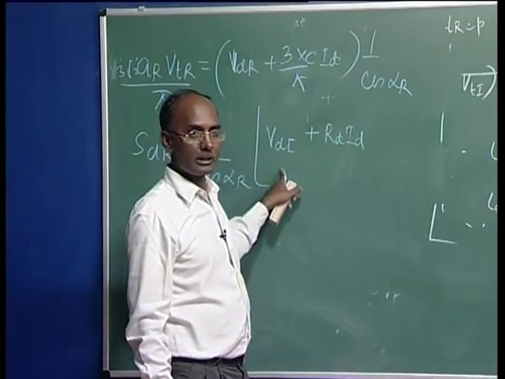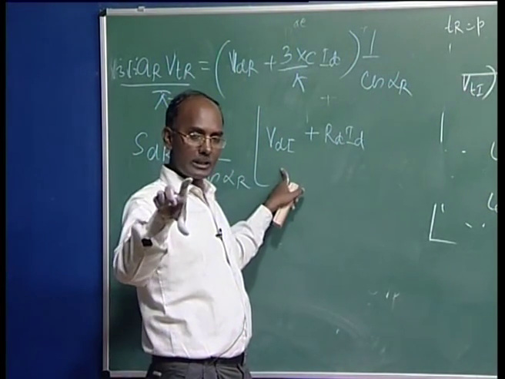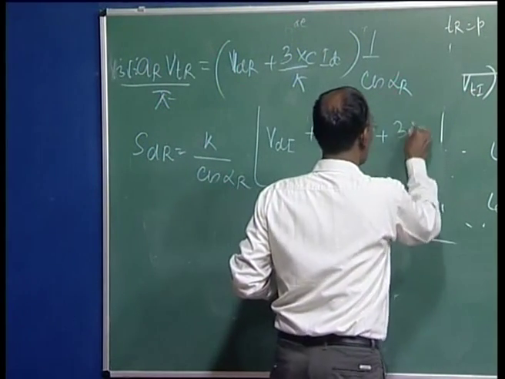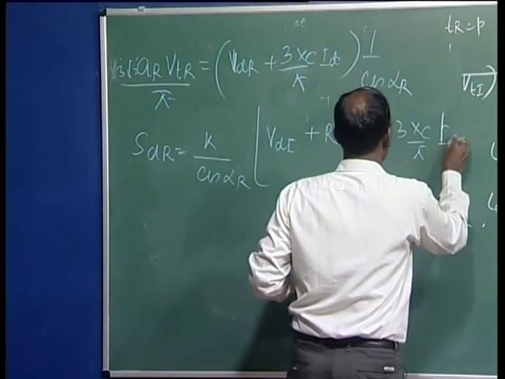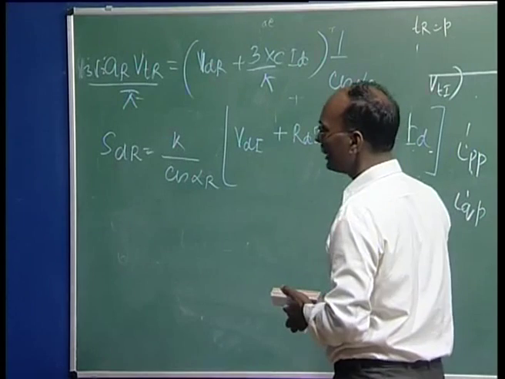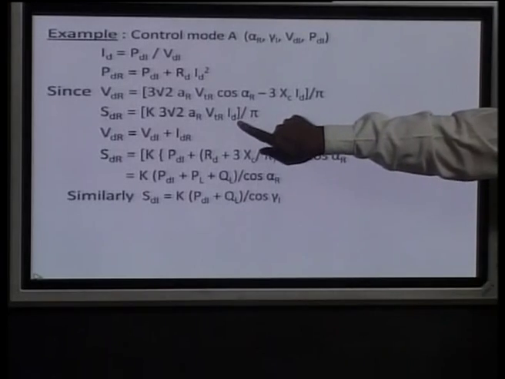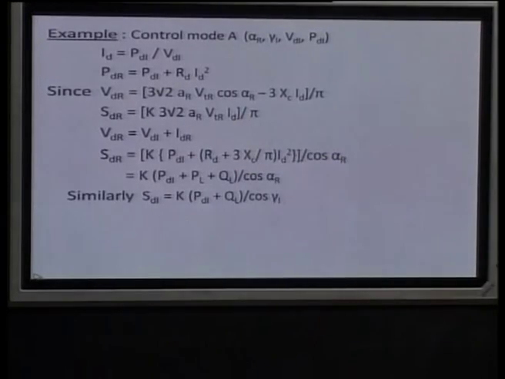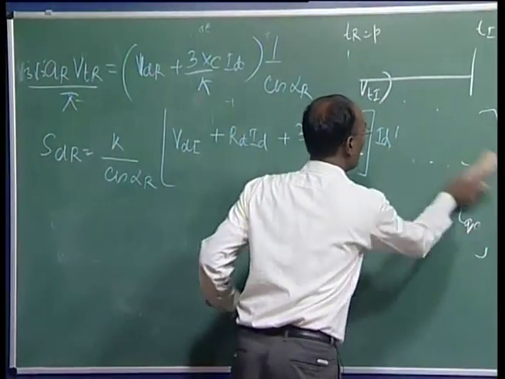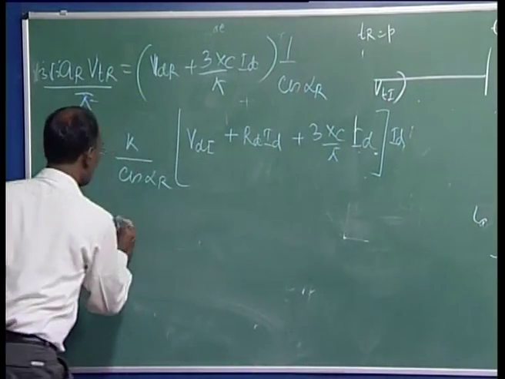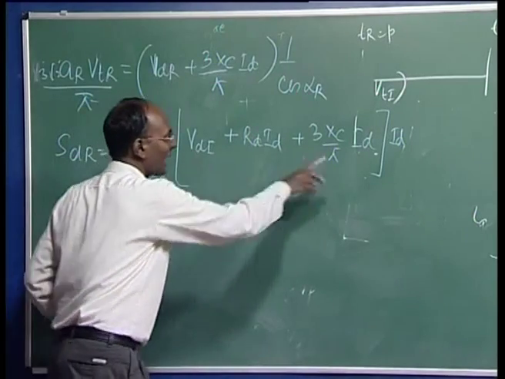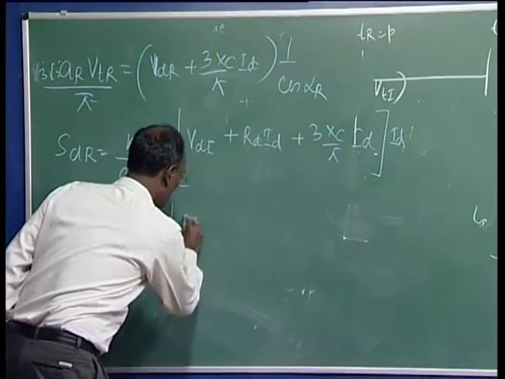One equation we wrote here in terms of VDR. Whatever VDI is there, then the drop in the resistance will be your VDR, plus 3XC over pi into ID. This ID is also there, so we can multiply here by ID. So what we are getting in this case is nothing but k with your cos alpha R. Here it is VDI into ID, it is your PDI.